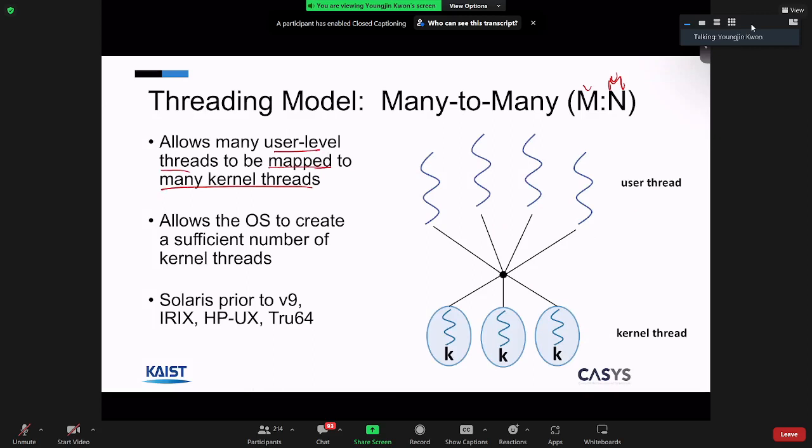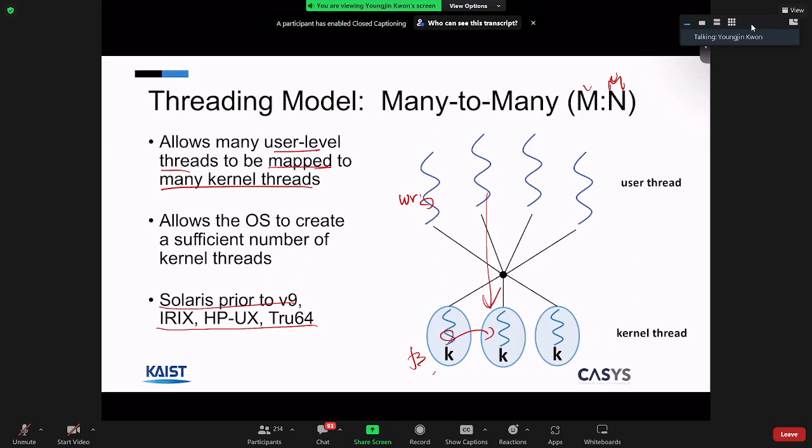Some kinds of Unix use this model, where the operating system creates a sufficient number of kernel threads. So this many-to-many model also addresses the blocking issue: when one thread calls a write system call and blocks, it hands over to another thread and picks it up. It's possible.